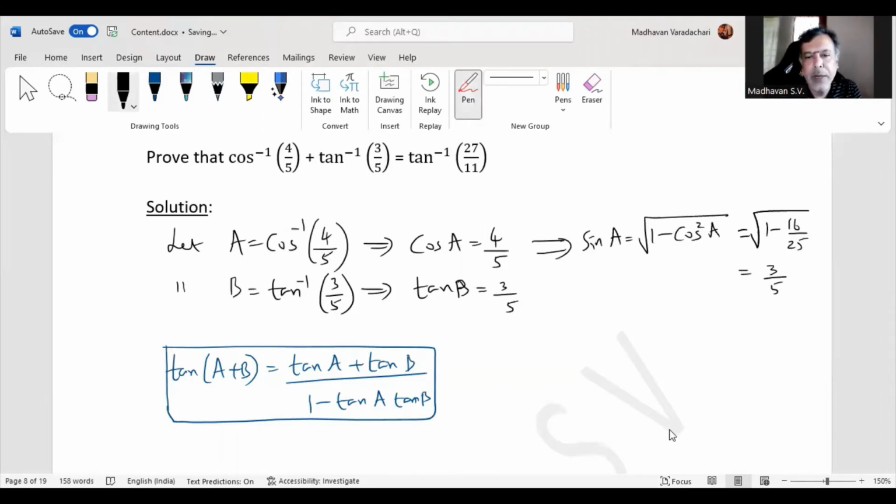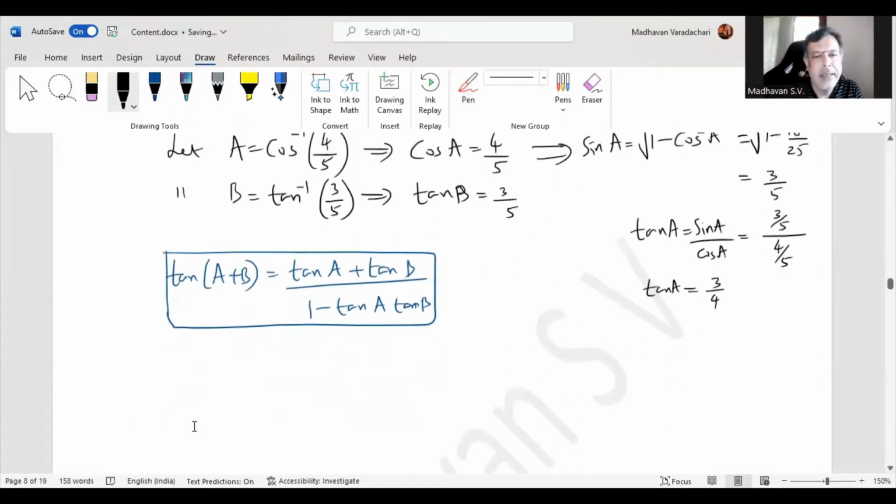Now, we also require tan A. Tan A is sine A by cos A. Sine A we already obtained as 3 by 5. Cos A is 4 by 5. That means tan A is 3 by 4.